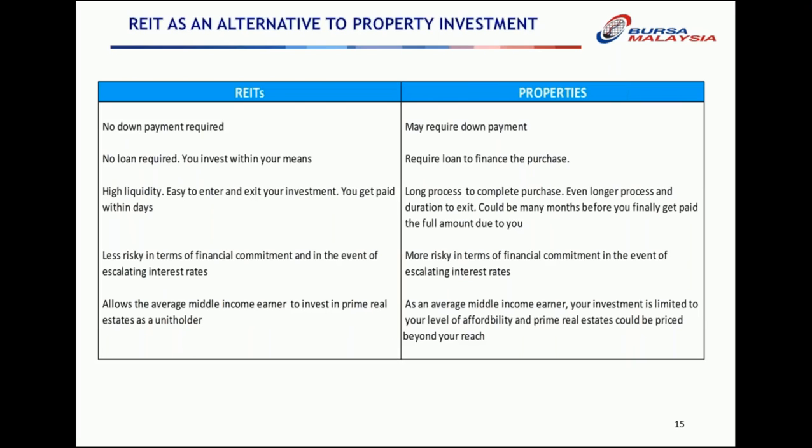Now, for example, in my book, I did a calculation here. Assuming you buy a REIT that gives you 7% dividend, and once you get that 7% dividend, you reinvest back into a REIT. Using the same time frame of a 30-year period, because right now a loan is 30 years, every 7% you get, you reinvest back into the REIT.